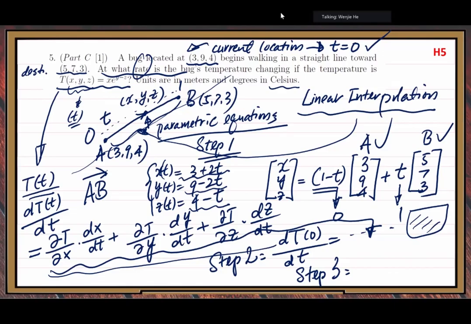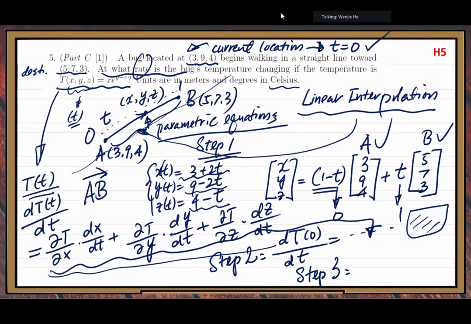So the answer could change. But when we calculate rate of change, we should use a stable way. We don't want that when you stretch longer or shorter, your rate of change will be different.